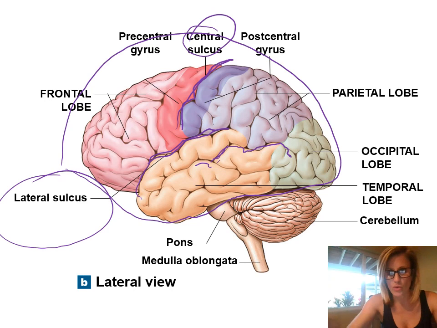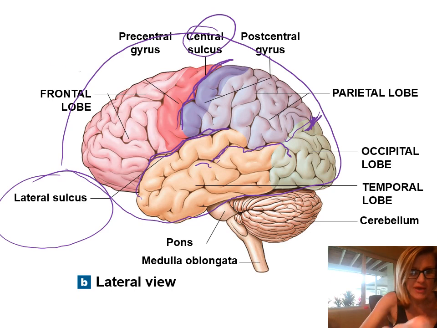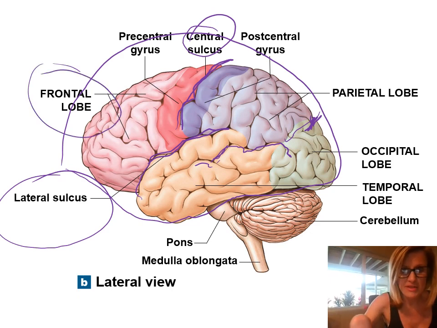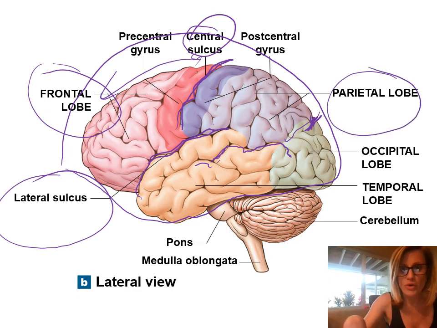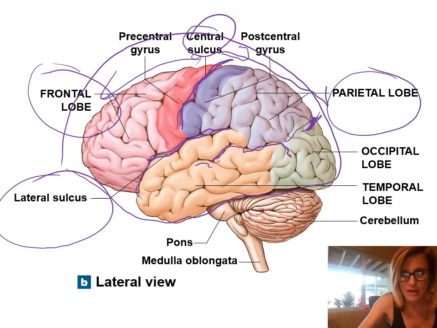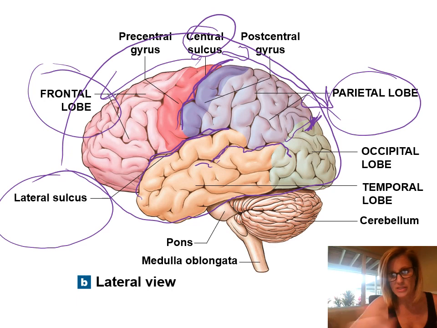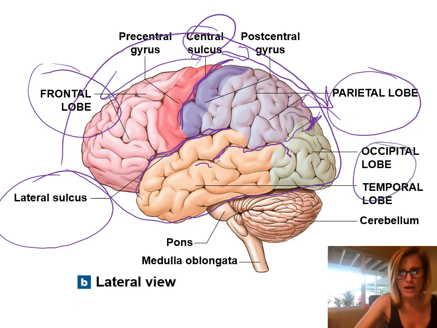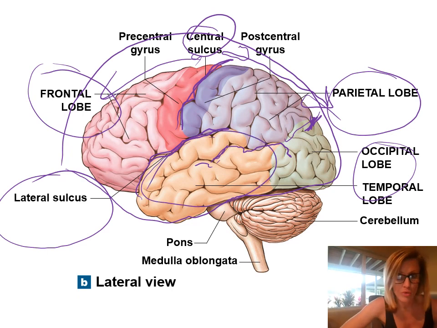If we were to open this up, you would see on the other side, right here, going deep within the brain, the parieto-occipital sulcus. That divides the brain up, and we have our frontal lobe up front from the central sulcus forward. The parietal lobe goes from the central sulcus back until the parieto-occipital sulcus, and then the occipital lobe is in the very back. On the side here is the temporal lobe.